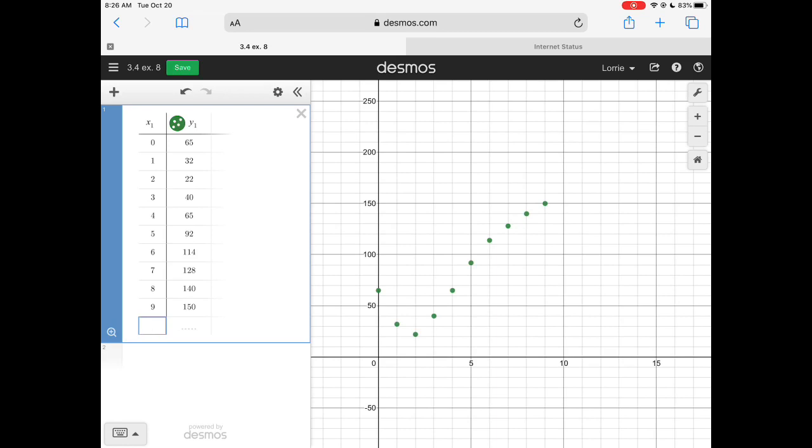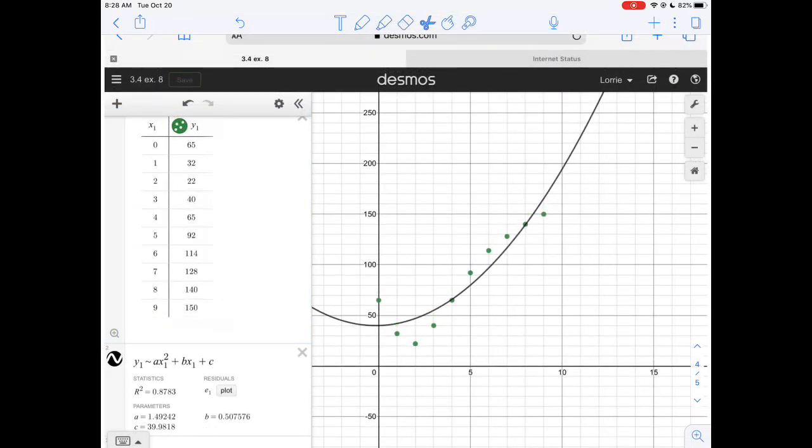The next thing that I want to do is tell Desmos to approximate a parabola that fits this data. So I'm going to use the standard form of my quadratic equation, but put it into the language that Desmos will understand. We want to put in the standard form of a quadratic equation on the second line, but we need to use the variables in the format that Desmos understands.